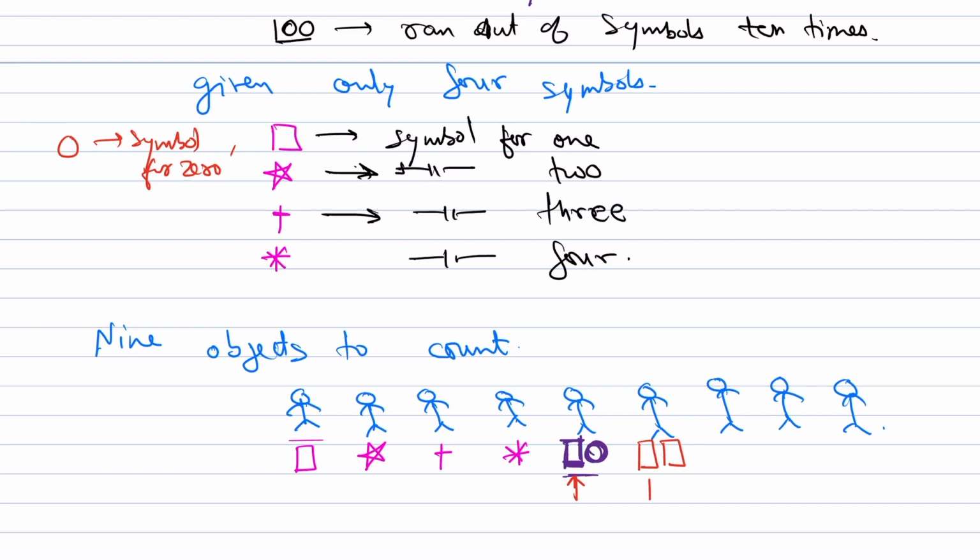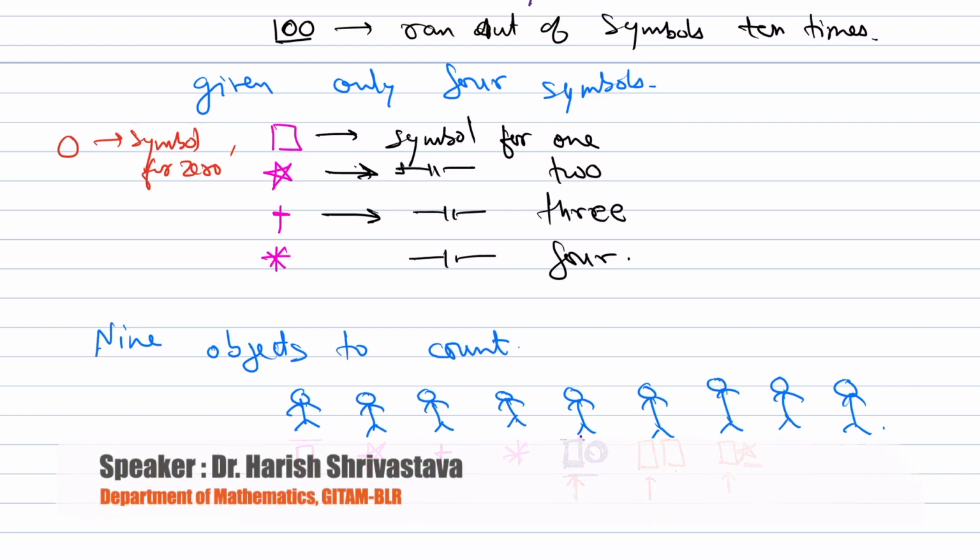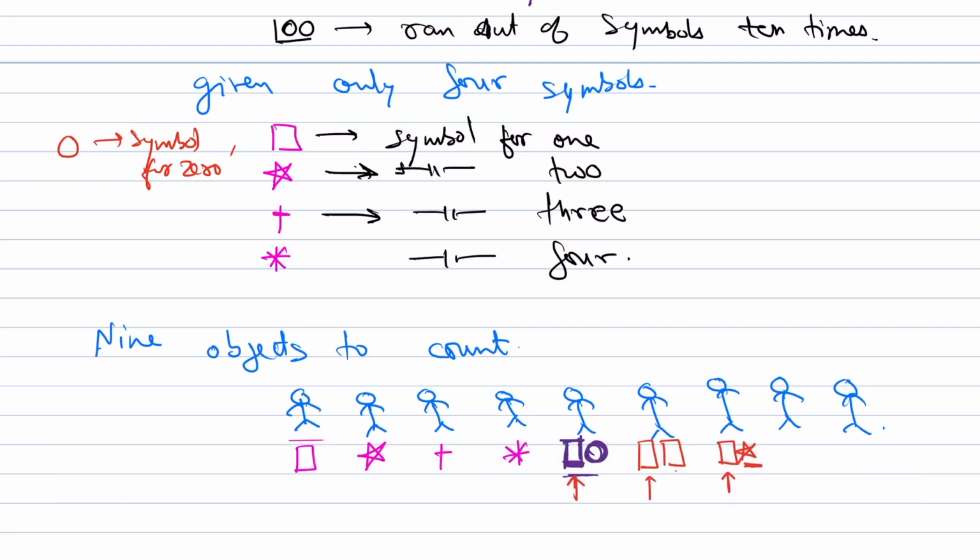Then I ran out of symbols once and there is one more to count, so box and a star, because the star is the symbol for 2. Then I ran out of symbols once and there are three to count, so a box and a cross, because it is the symbol for 3.